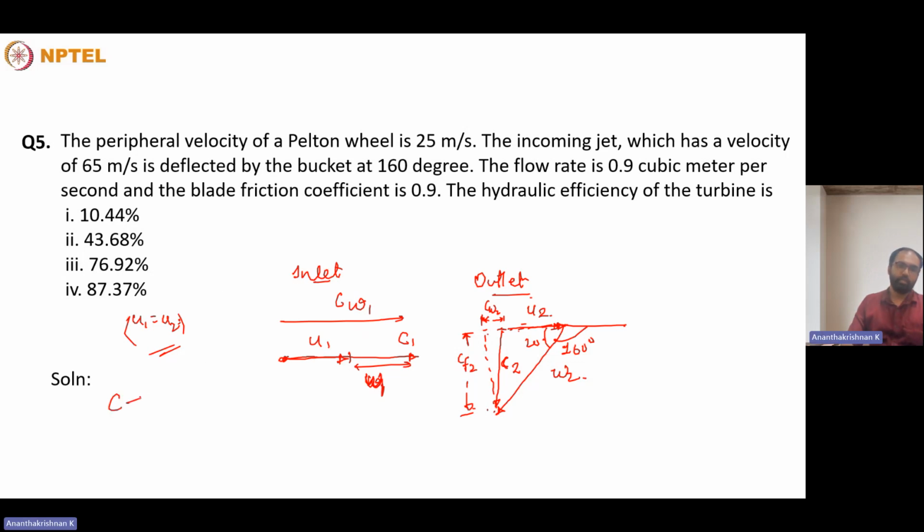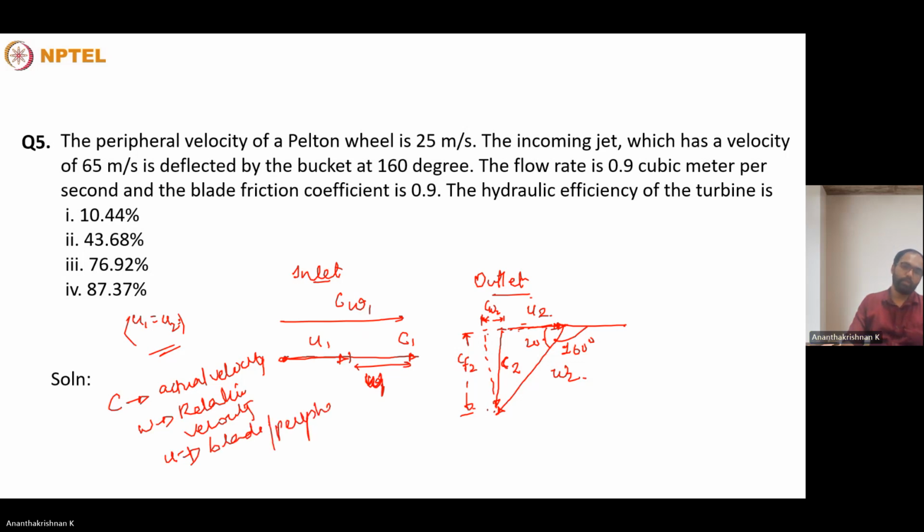Here, C corresponds to actual velocity, W corresponds to relative velocity, and U corresponds to blade velocity or the peripheral velocity.